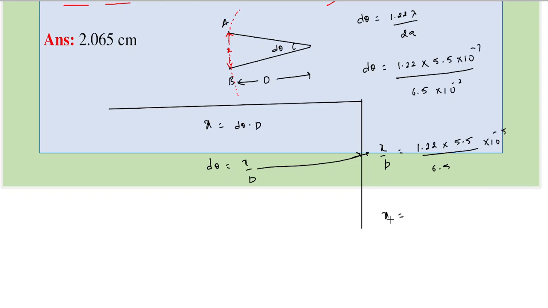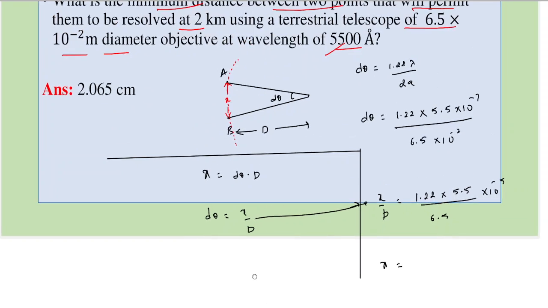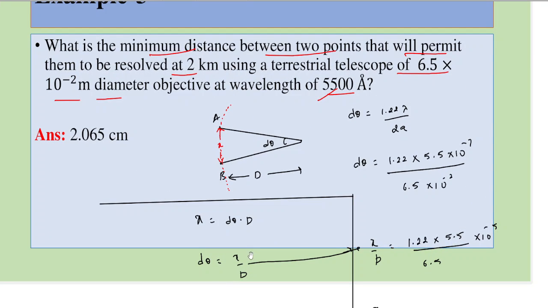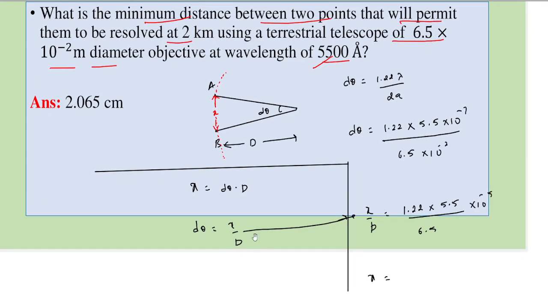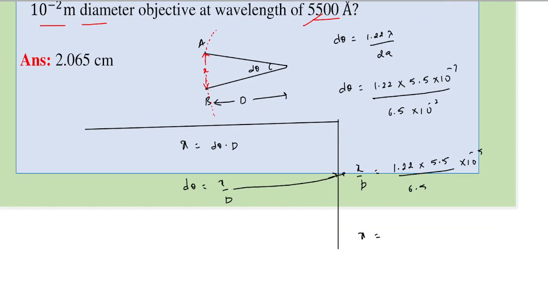X is equal to capital D, which is the distance between the object and the eye, which is given as 2 km here. So cross multiplying, we get 1.22 into 5.5 by 6.5 into 2 into 10 power 3 into 10 power minus 5.